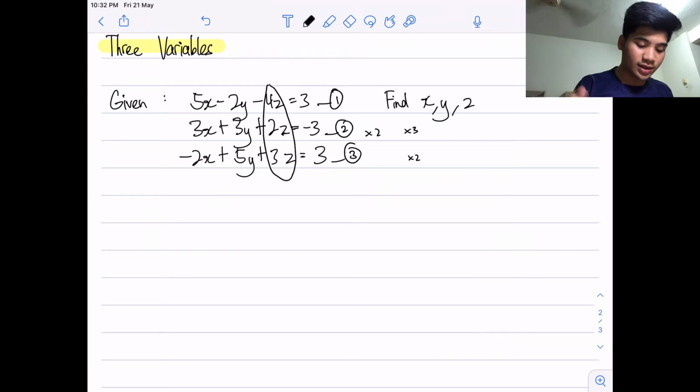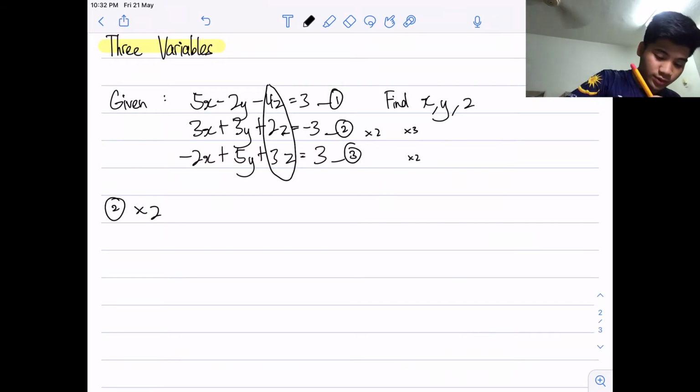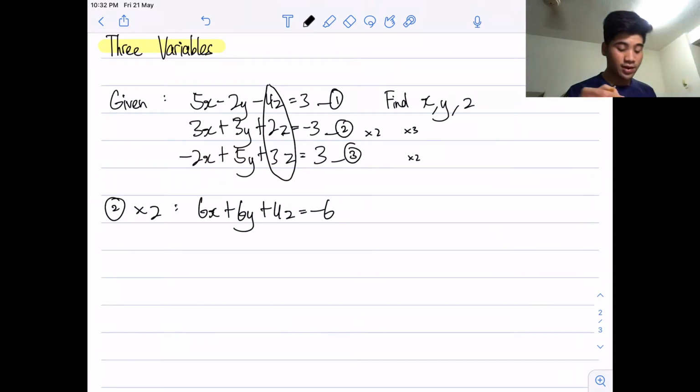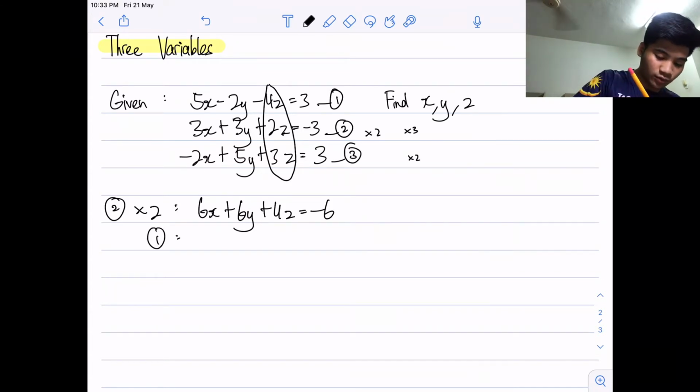So let's say, alright, I'm going to do equation 2 times 2, which will equal 6x plus 6y plus 4z equals negative 6. Don't forget to times what is on the right side, alright? And then I'm going to bring back down equation 1 over here. So that's going to be 5x minus 2y minus 4z.